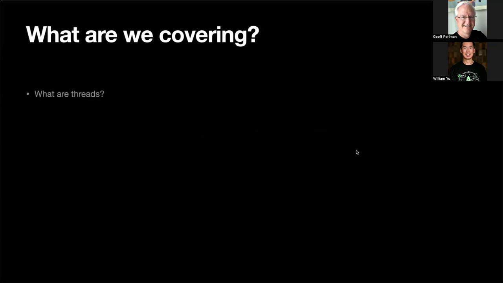So what are we going to be covering? First, we're going to talk about what threads are. You probably know if you're in this webinar, but I just want to make sure.